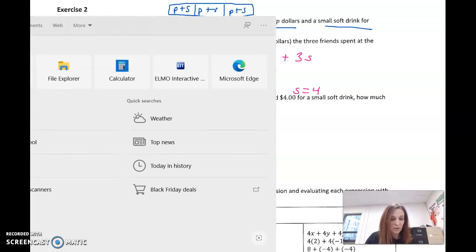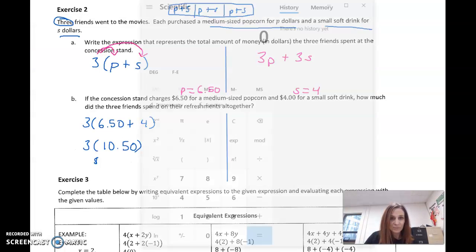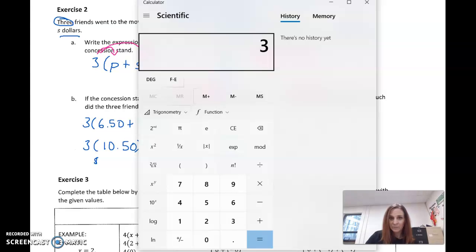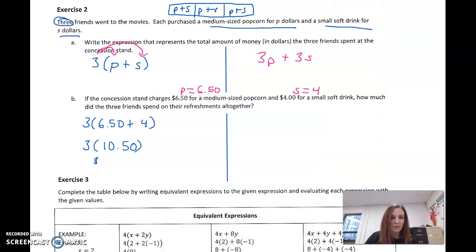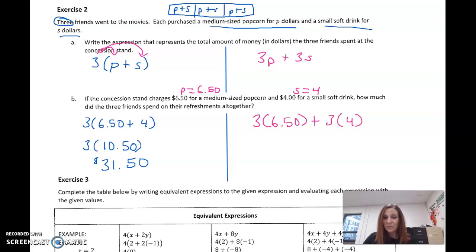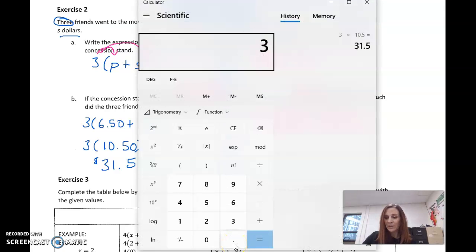oh, I can even show you on a calculator. $31.50. Now, if you do this other expression here, you're going to go 3 times P, which is $6.50, plus 3 times S, which is $4. 3 times $6.50 is $19.50.